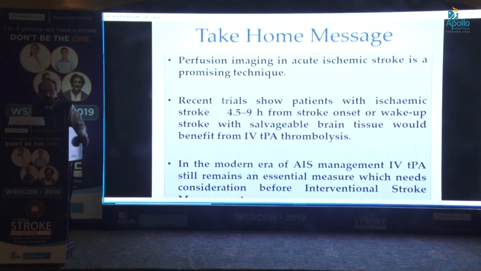When I went to Milan this time for the European Stroke Conference, there was a series of papers on mechanical thrombectomy. Some people were giving TPA before, some people were not giving TPA before. So I remember, Dinesh and I were there, and I asked, what is the recommendation, what would you do? You have a patient who has a stroke.